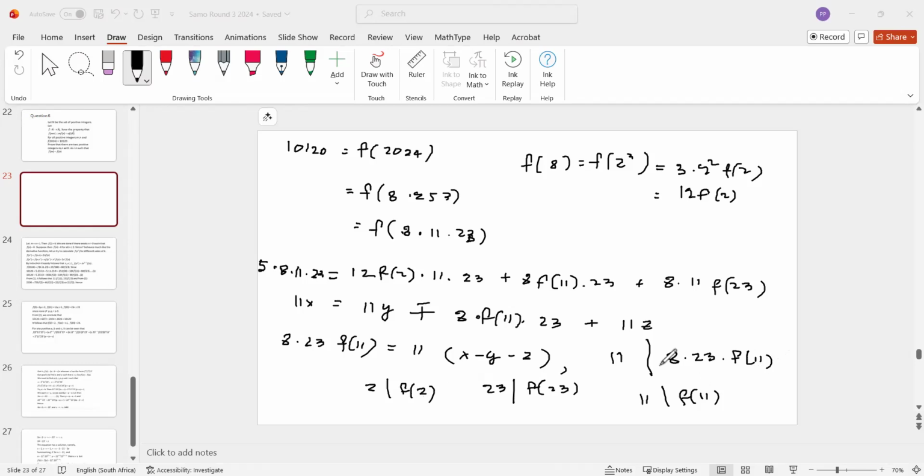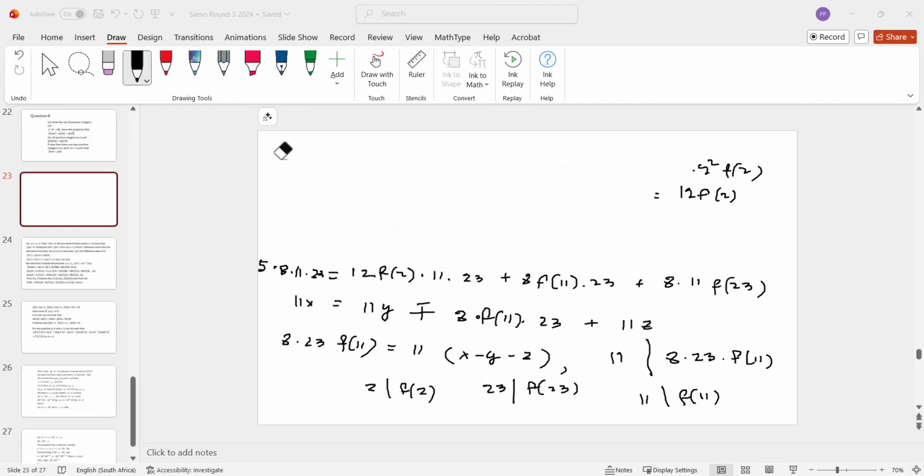Right. So what does all this mean? It means that we can write this thing as an equation. We can say f of 2 is, 2 is a factor of it.